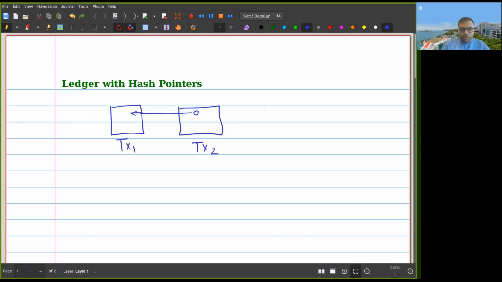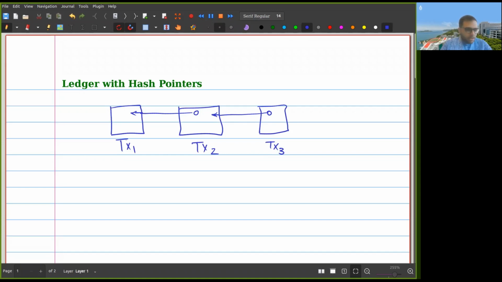And so on. So I had another transaction after this that had a pointer to transaction 2. And we said that these are actually hash pointers. So when I say that transaction 2 has a pointer to transaction 1, what I actually mean is that the hash of transaction 1 is saved in transaction 2.